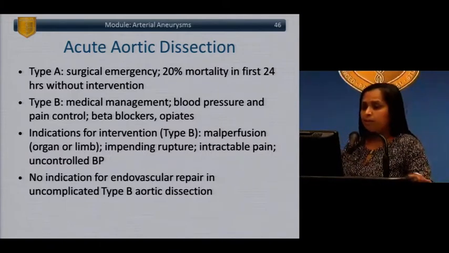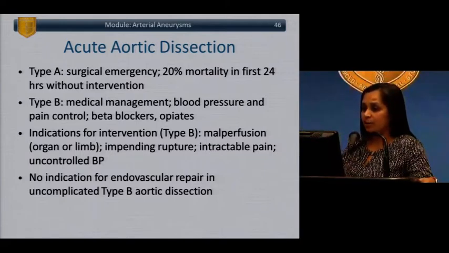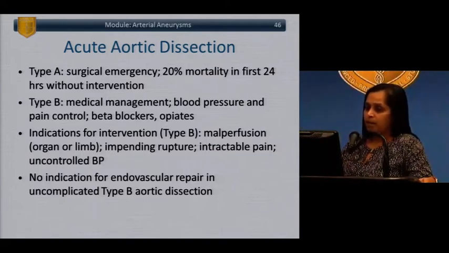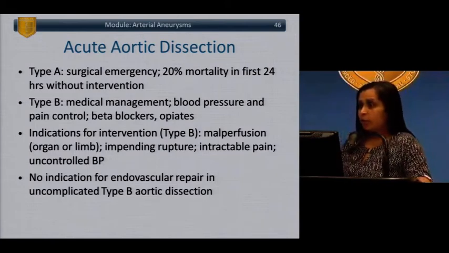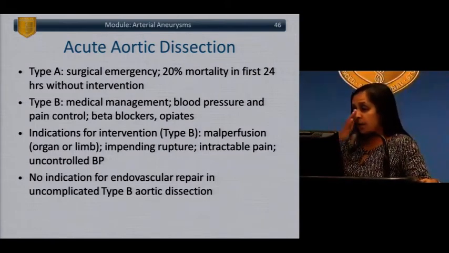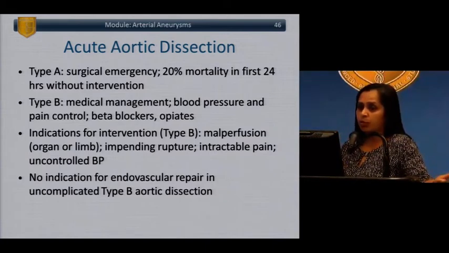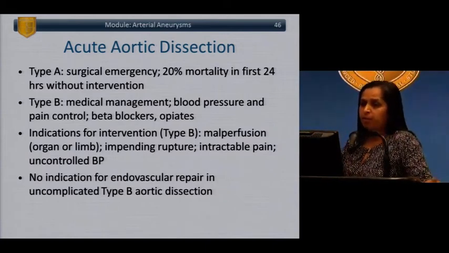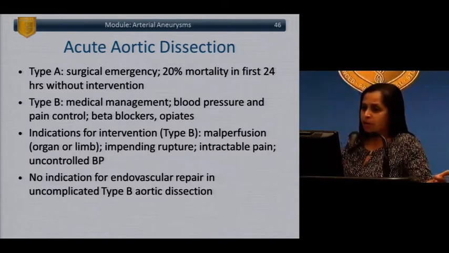For type B dissections, which extend from the left subclavian down, medical management is generally appropriate for uncomplicated dissections that haven't caused consequences of rupture or organ ischemia. Blood pressure management is key, as well as pain control.